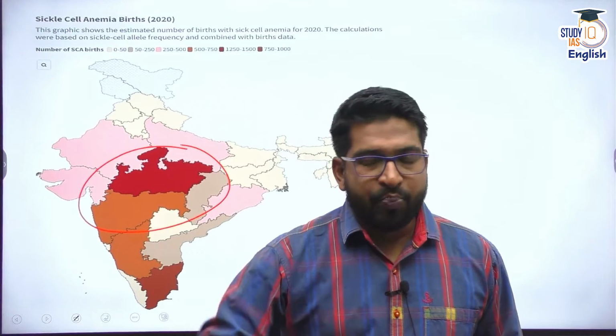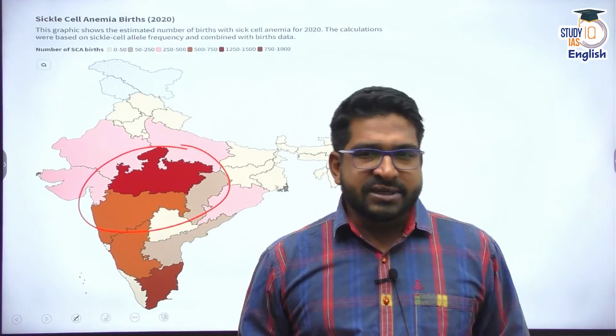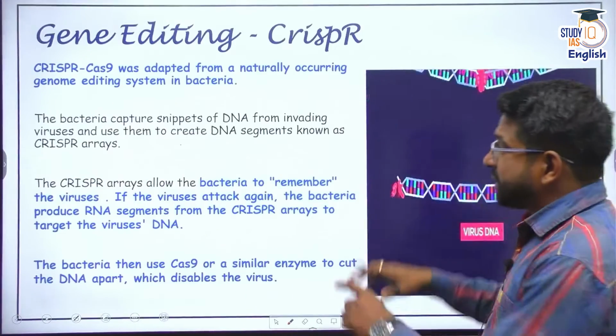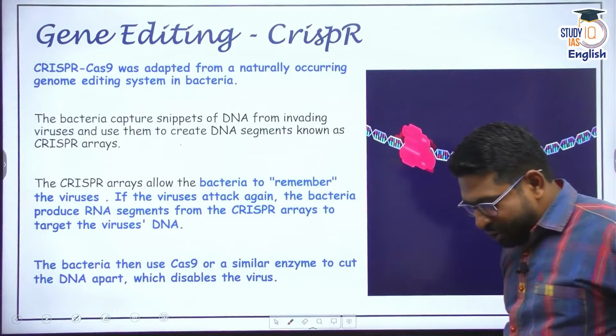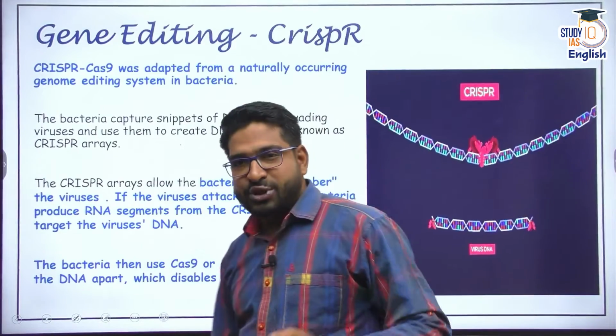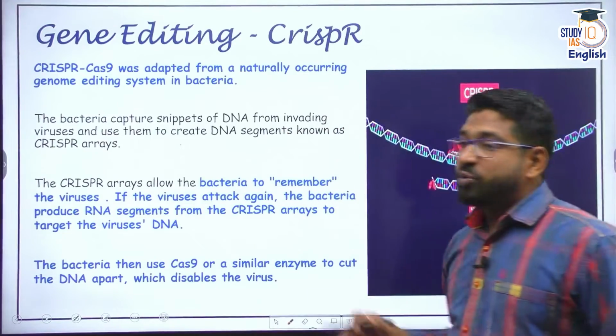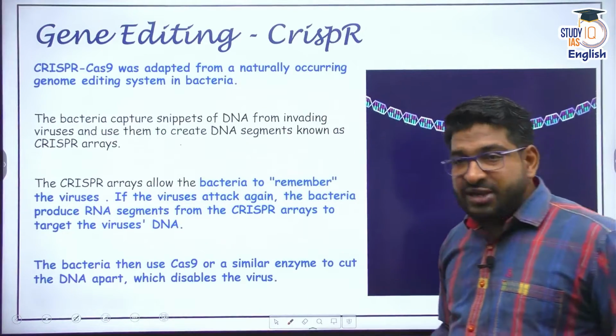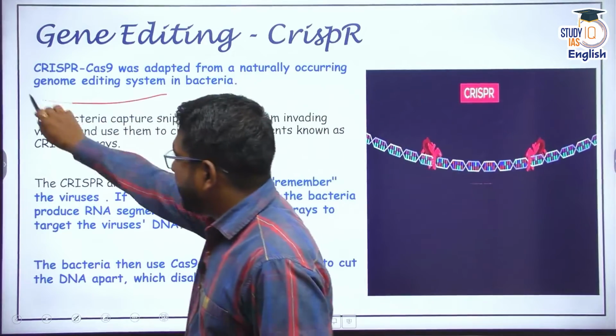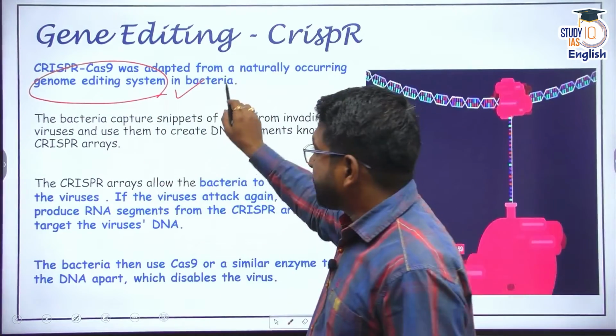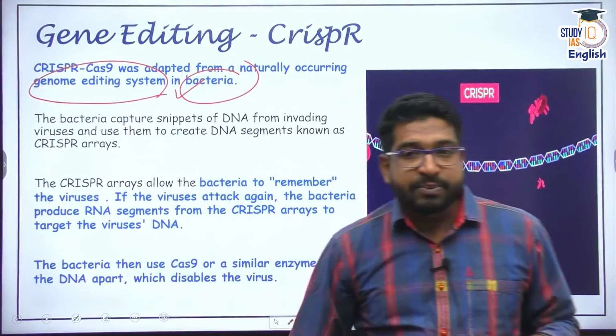All right. Now, what has been done? The researchers at a pharmaceutical company have used the technique of CRISPR. I'm quite sure those who are preparing for the UPSC civil service examination know about CRISPR technology, clustered regularly interspaced palindromic repeats. It is a novel gene editing or genome editing technique which has been developed from a bacteria, that is Streptococcus pyogenes.